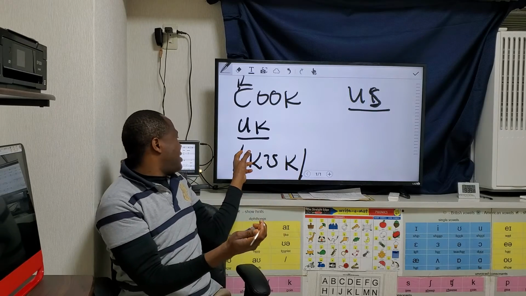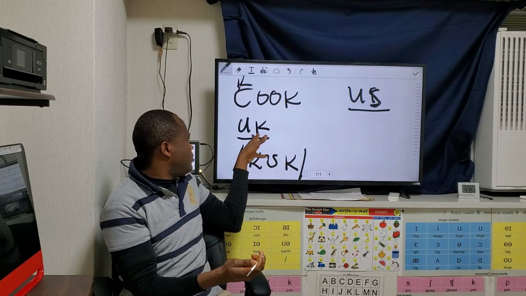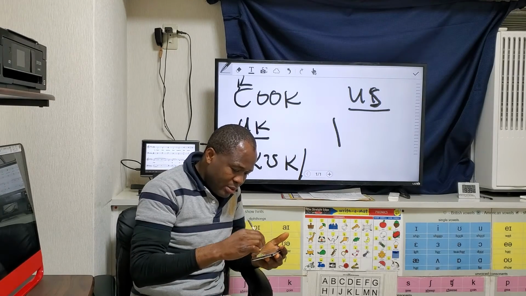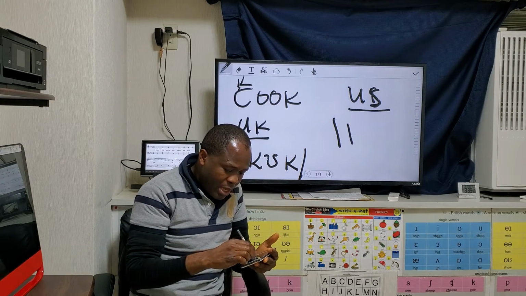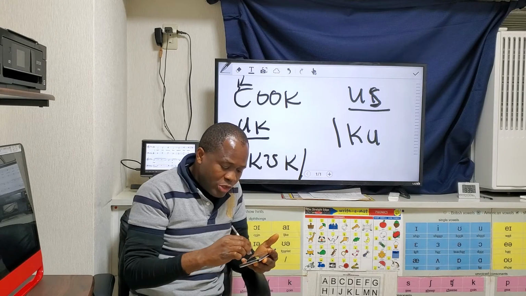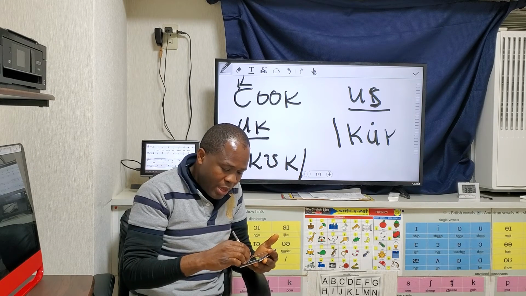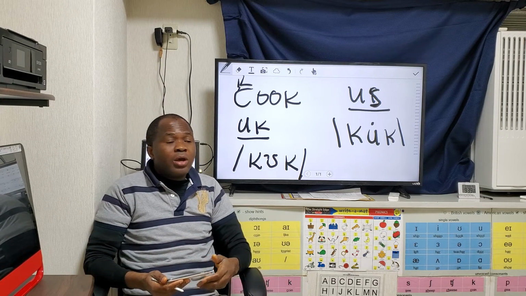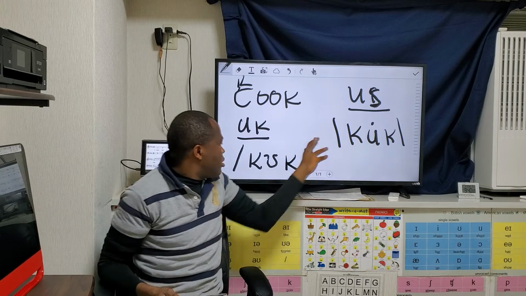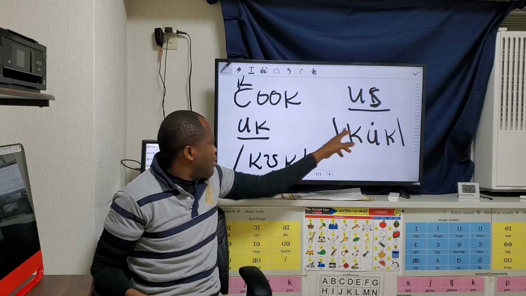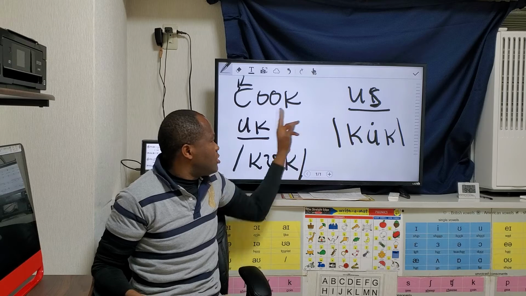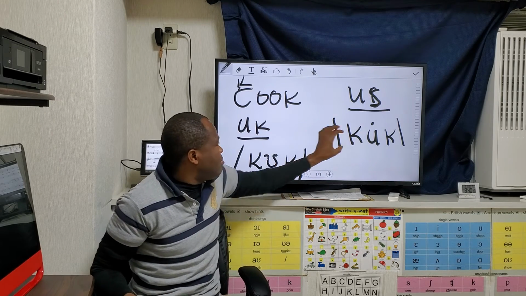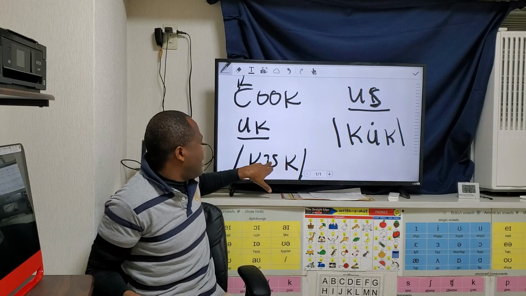So we're going to have K, then the usual U with a period on the top, and K. So this is going to be cook. Same word, but different representation of letters that spell phonemes. The phonemes here are represented with different letters.